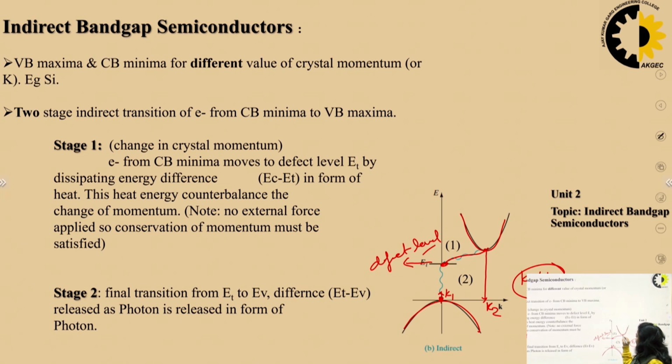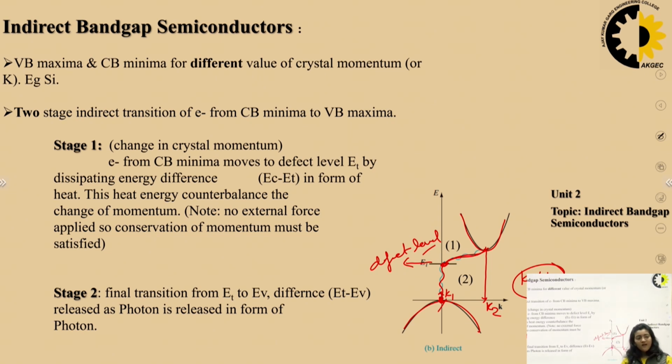So it will first come out here, then some agitation occurs and there is a combination of some pair of electrons. Then, when no external force is applied, the momentum must be satisfied, so from here it will come out at the valence band.